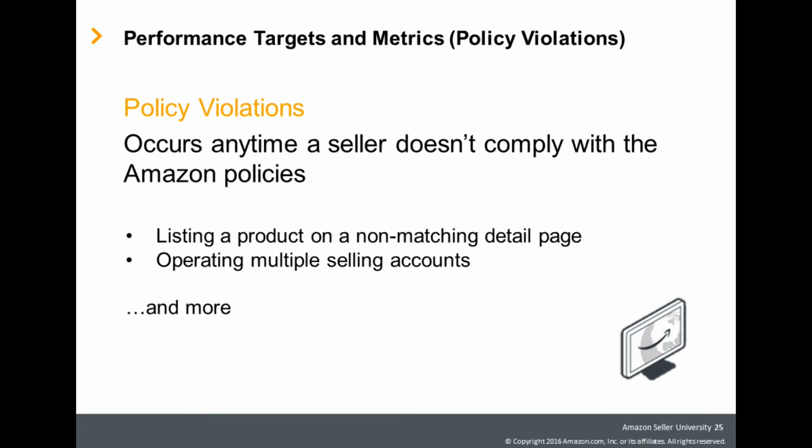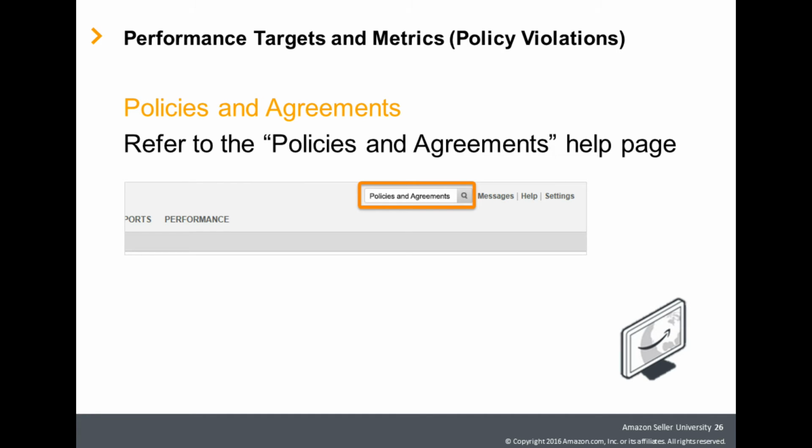This metric is a little bit different from the other metrics because it's not a calculation. Instead, it indicates whether or not you have unread performance notifications. You can go to the Performance Notifications page for details of each performance notice. Refer to the Policies and Agreements page on the Seller Central Help page for more information.